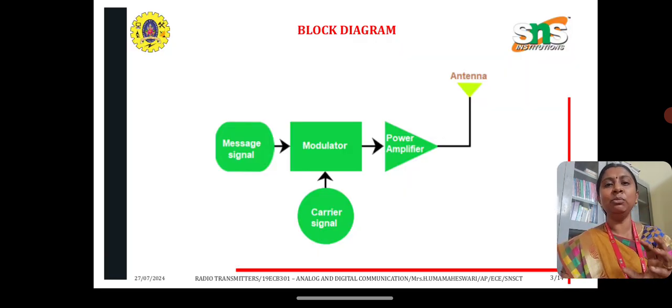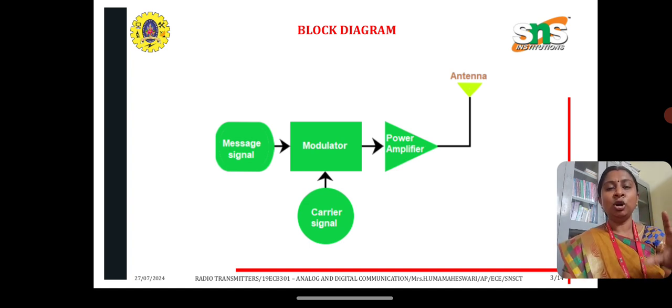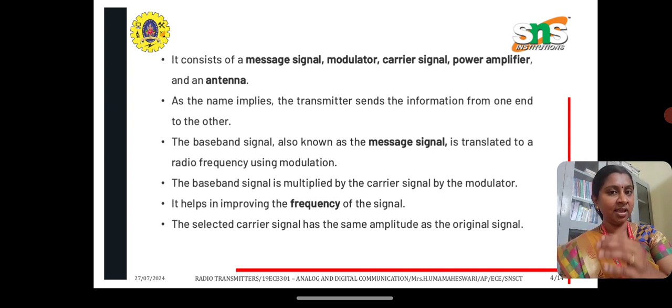This is the simple block diagram of a radio transmitter: message signal, modulator, power amplifier, where the carrier signal is also given to the input of the modulator, and finally to the antenna. Here the name implies that the transmitter sends the information from one end to the other end.